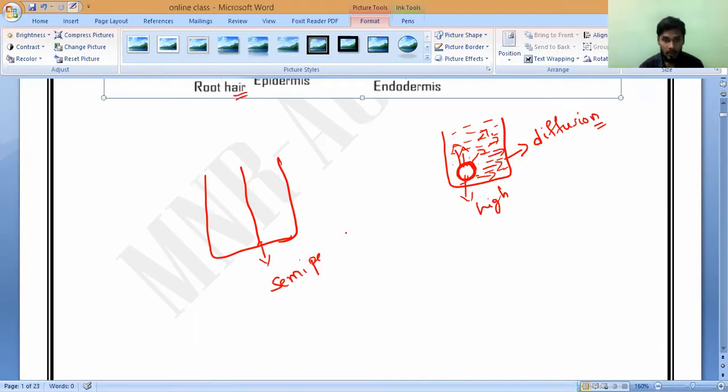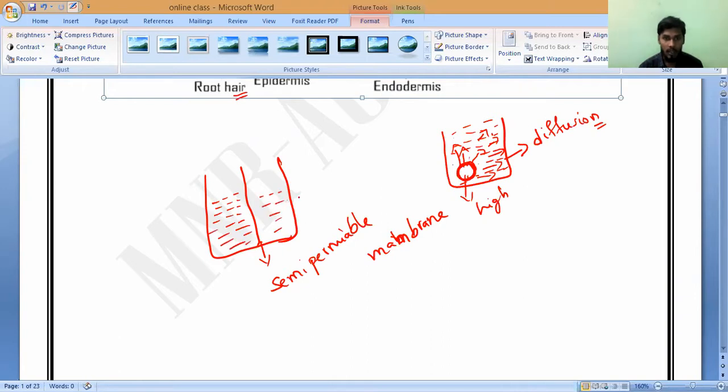Across this membrane, the concentration variations are distributed, from high concentration to low concentration, to attain equal concentration. Understand? Suppose here a high concentration of sugar is present, and here a low concentration of sugar.